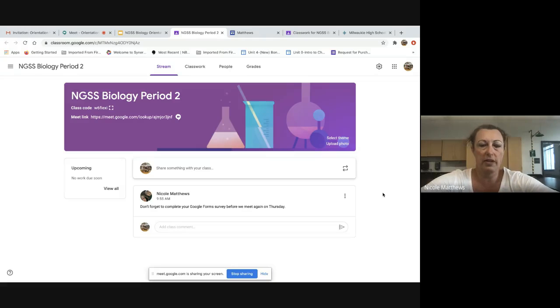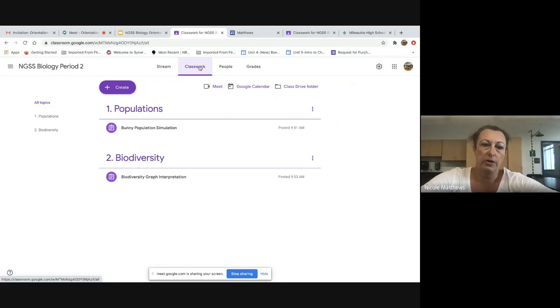If you move to the classwork section, this is where the asynchronous assignments will be organized, and you can see that I set this up as being two subtopics of the overall big unit, and then posted an assignment into each of those topics. They'll have due dates and instructions, and during the synchronous time, teachers will be able to clarify what's expected of them in the afternoon asynchronous time.